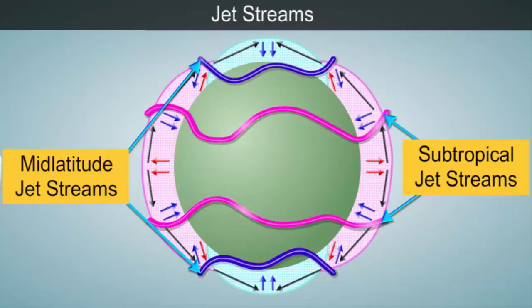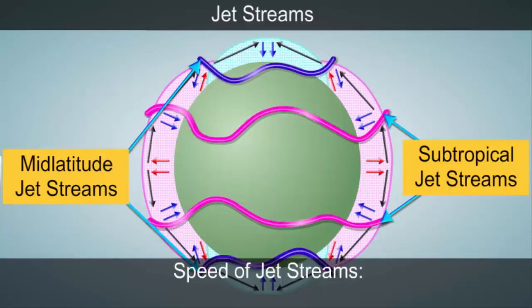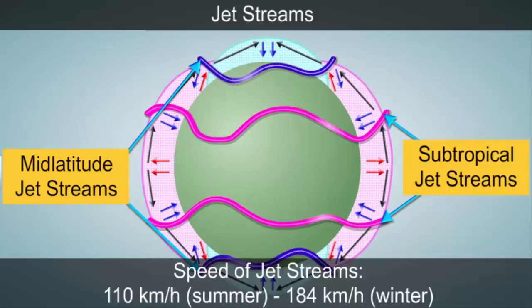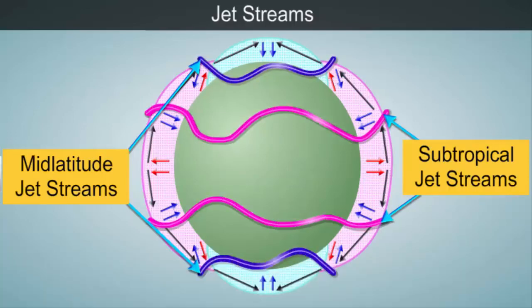Their speed varies from about 110 kilometers per hour in summer to about 184 kilometers per hour in winter. A number of separate jet streams have been identified. The most constant are the mid-latitude and the subtropical jet streams.